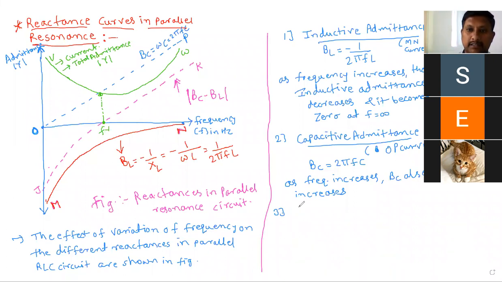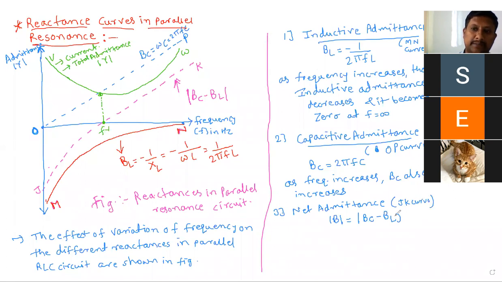Net admittance is denoted as B, the magnitude of B, that is the magnitude of BC minus BL, which is given by the JK curve.